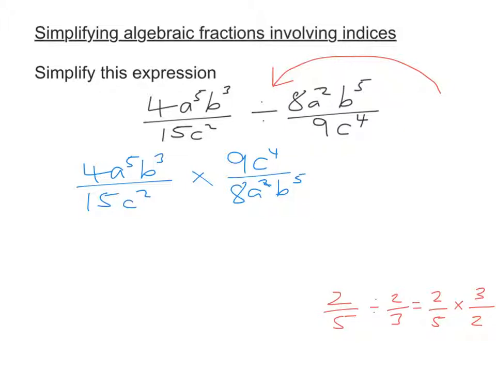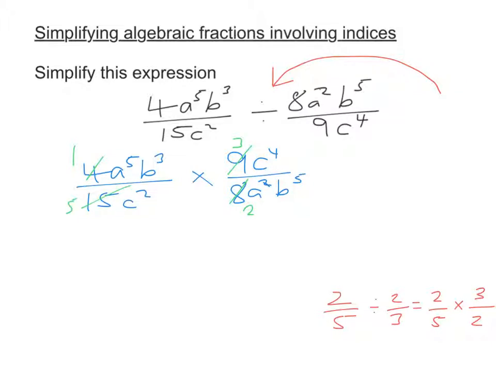Before I do anything else, and you're thinking, oh, he's going to launch into multiplying numerators and denominators, what I'm going to do first is try and make my life a bit easier. I'm going to start cancelling my numbers before I combine them. I can see straight away that there's 1 4 there and 2 4s there. And 9 and 15 have a common factor of 3.